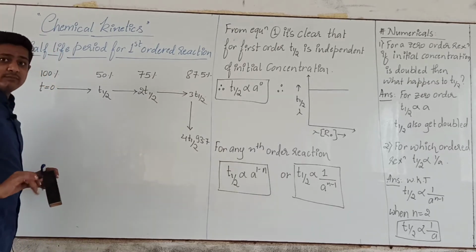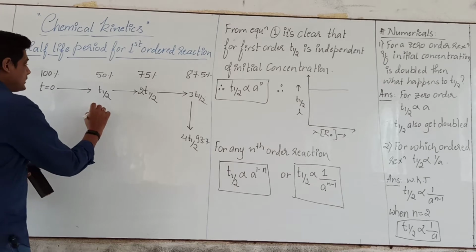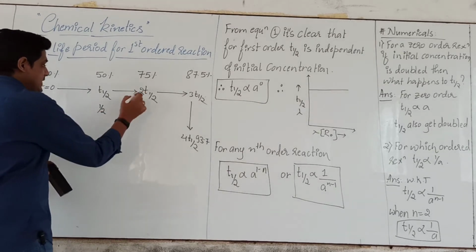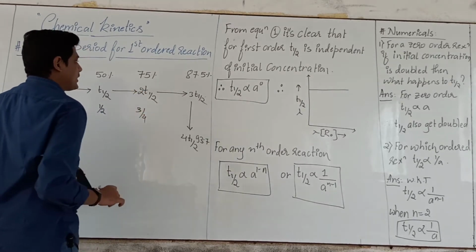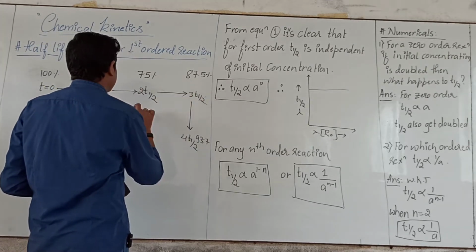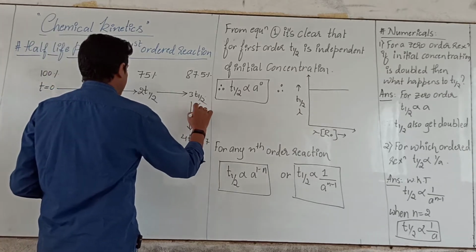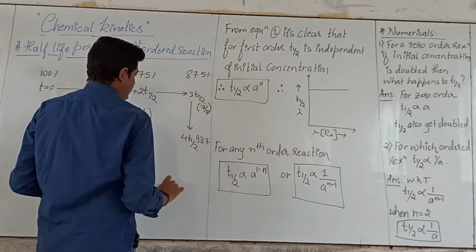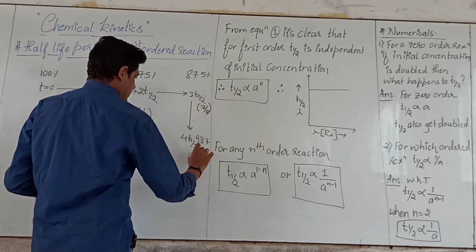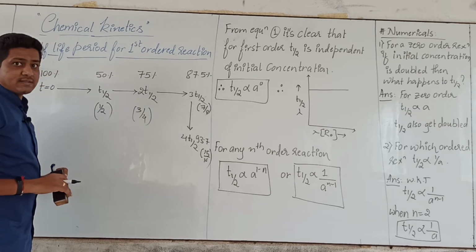Or sometimes they will confuse you like this: this is 1/2, then this will become 3/4, then it will increase to 7/8, then 15/16 portion, and it will go on increasing.